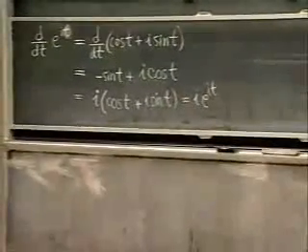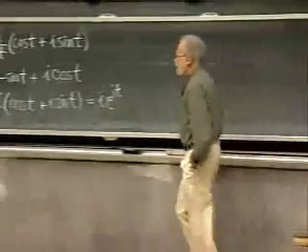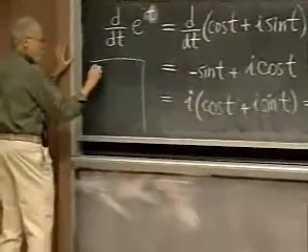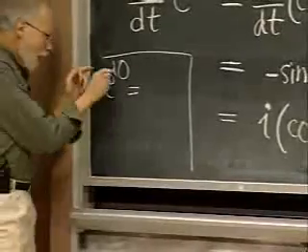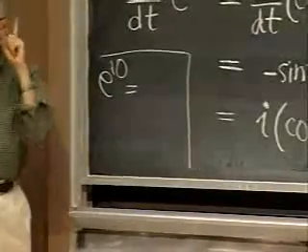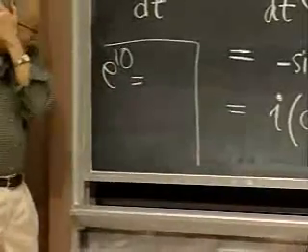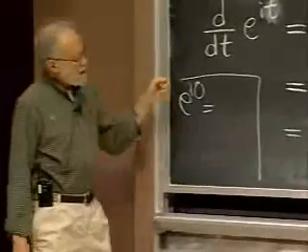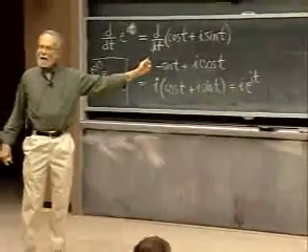So that works too. What about the initial condition? No problem. What is y of 0? What's the function at 0? Well, don't say right away, i times 0 is 0, so it must be 1. That's illegal. Why is it illegal? Because you're not exactly in that formula, you're not multiplying i times theta.